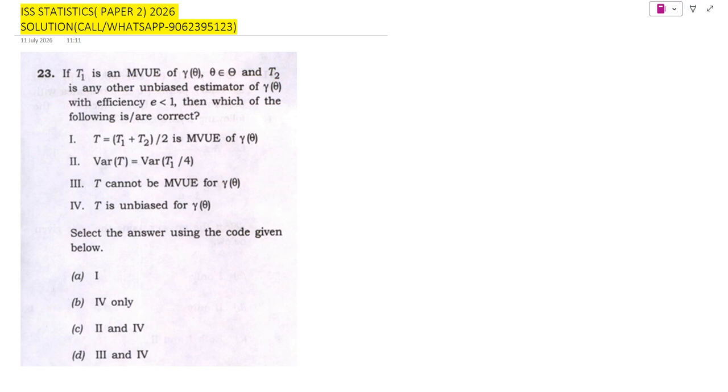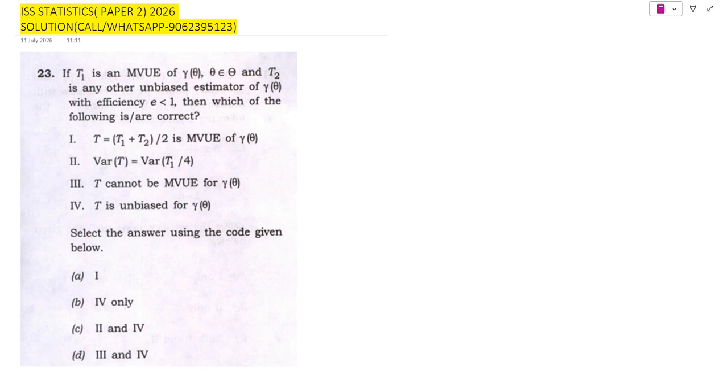And questions on the MVUE, that is the minimum variance unbiased estimator, efficiency, sufficiency, completeness, and all the things appear regularly. Okay, so today's question is based on the properties of the MVUE, and if you understand this discussion you will be able to solve many conceptual questions like this.